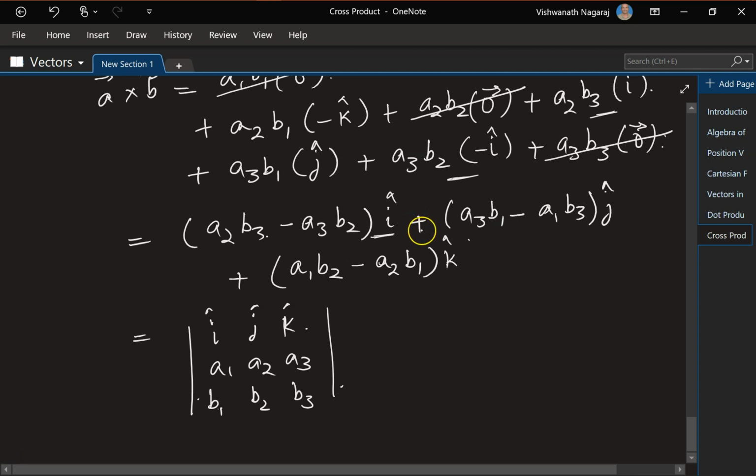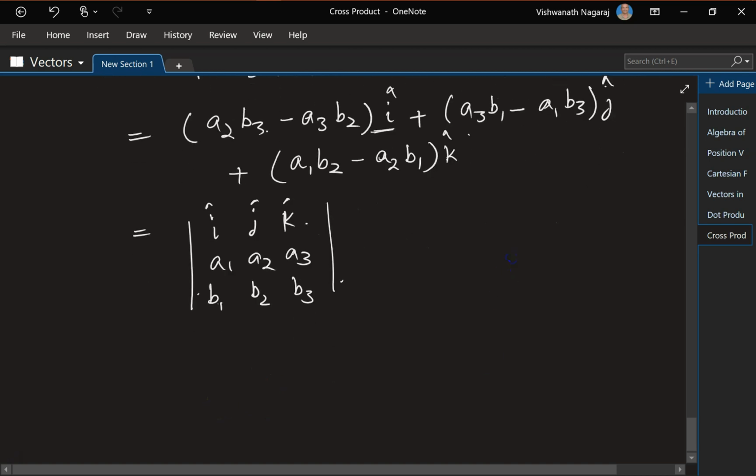So we make this plus and change the order of this. So we get A3 B1 minus A1 B3, plus K times A1 B2 minus A2 B1. So that is A cross B in Cartesian form.